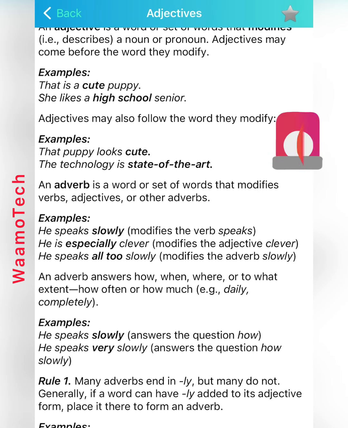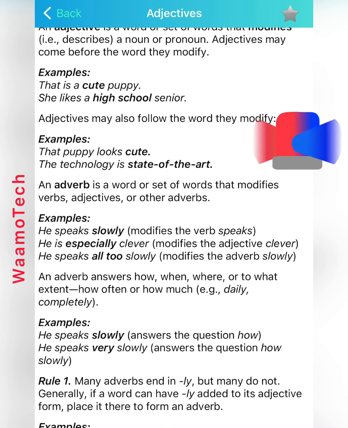So these three examples very well explain the three different modifications that adverbs make to other parts of speech, including itself. An adverb answers how, when, where, or to what extent, how often or how much. Daily, completely.